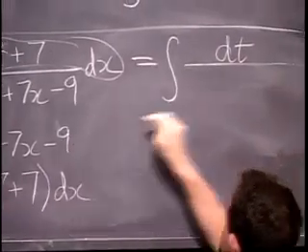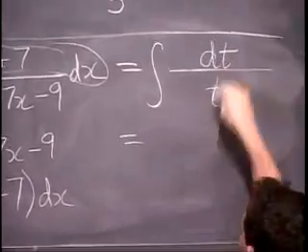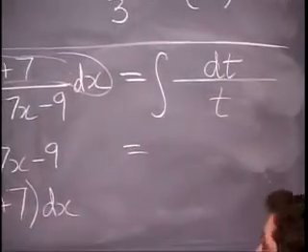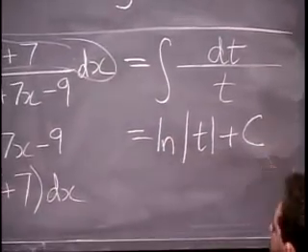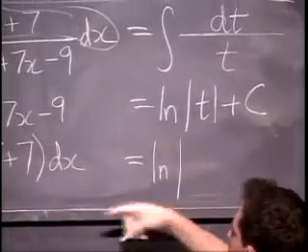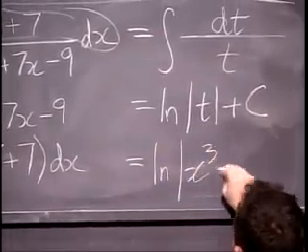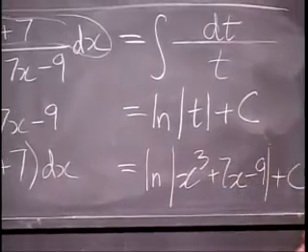And the bottom is just t. So this is dt over t, that's the same as 1 over t dt. So this is log of absolute value of t. And if you replace t by the denominator again, you just get log of the absolute value of the denominator.